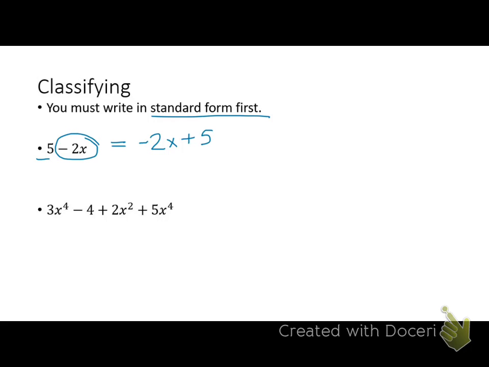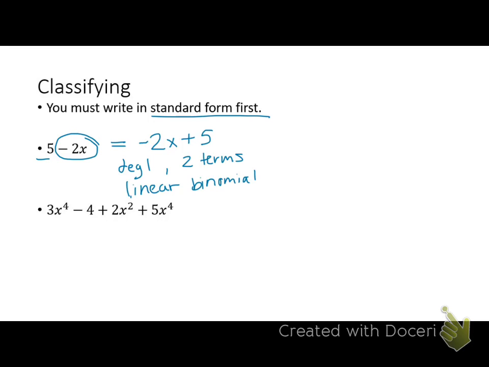So I have degree 1, and I have 2 terms. So because of that, this one is a linear binomial. So linear comes from that degree table, and binomial came from our term table when we give them names.